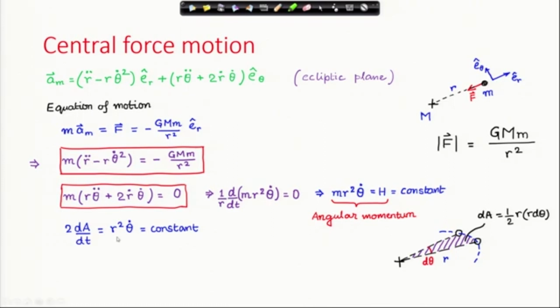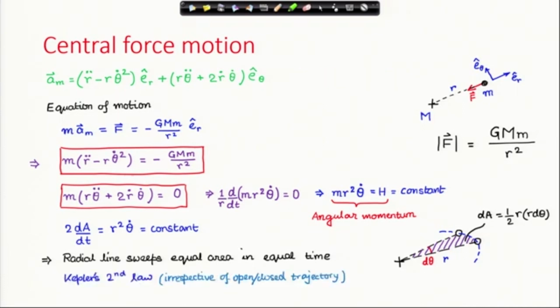So r square theta dot is a constant, though r is not a constant and theta dot is not a constant. So, 2 times the rate of change of area is a constant. Now, the radial line therefore sweeps equal area in equal time. This was Kepler's second law. Now, this is irrespective of whether the trajectory is open or closed.